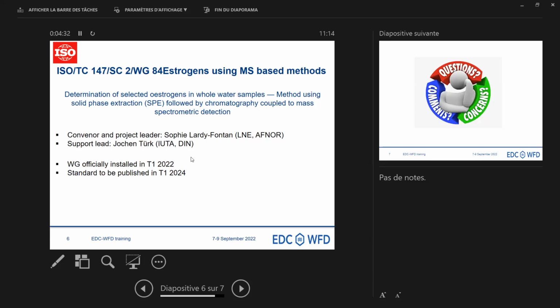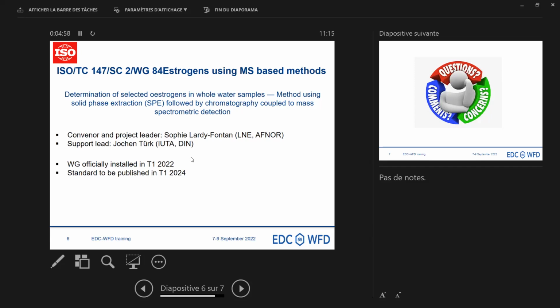I will be pleased to be the convener and project leader of this work, and I will have a strong relationship and connection with Jochen Toke from Germany, because German colleagues are also starting to work on the design of a standard, and we will merge everything to have this huge and nice ISO standard. So the plan is the following.